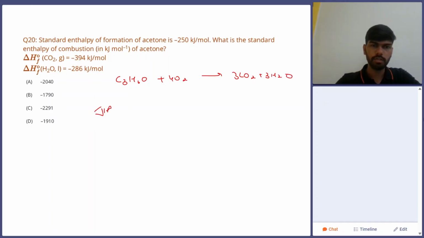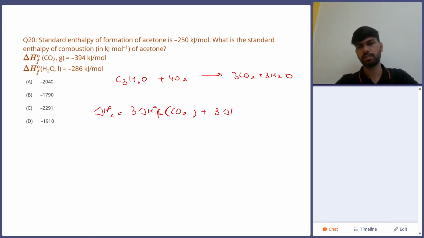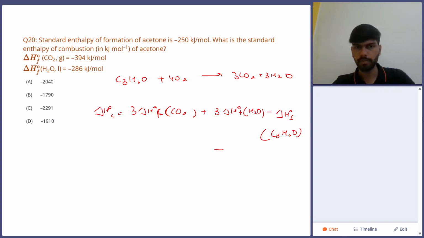So enthalpy of combustion will become 3 times the enthalpy of formation of CO2 plus 3 times the enthalpy of formation of water minus the enthalpy of formation of C3H6O. Okay, and oxygen we can take as a standard value.